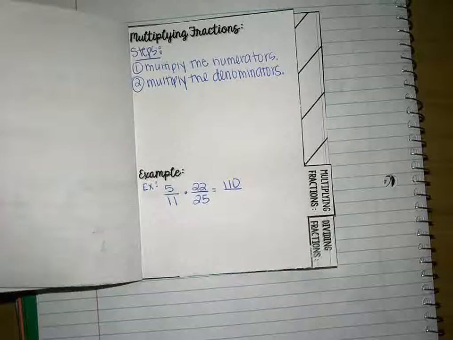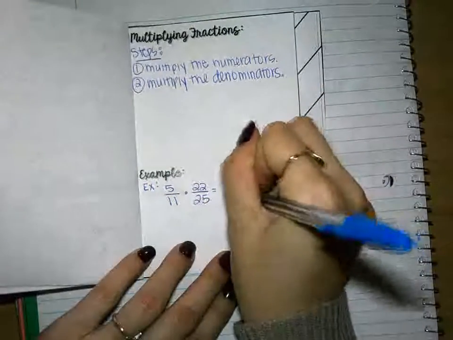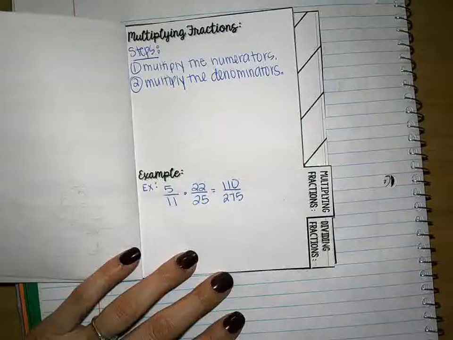What's 11 times 25, everyone? 275. Hopefully you told me 275. That is correct.